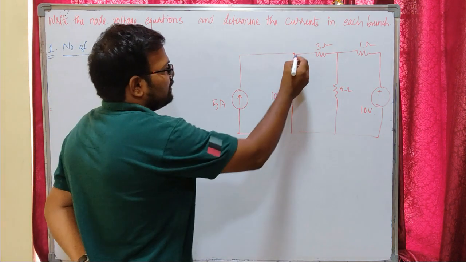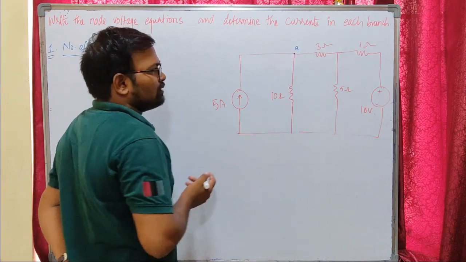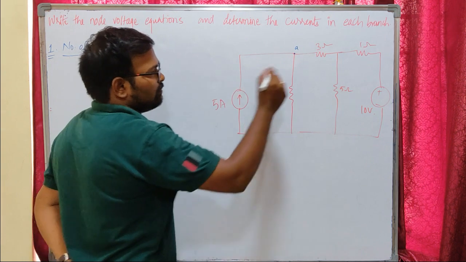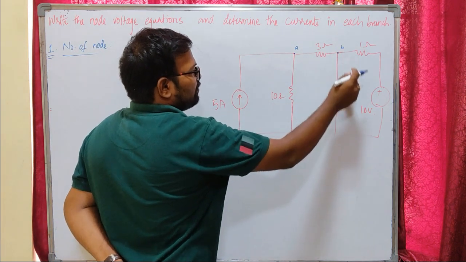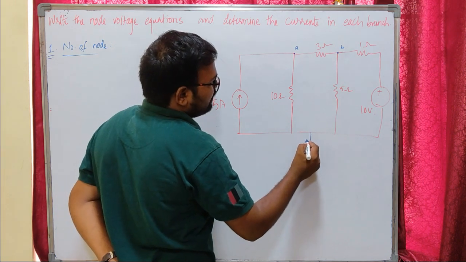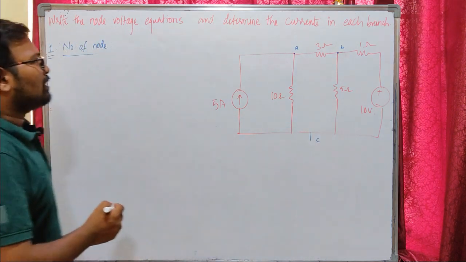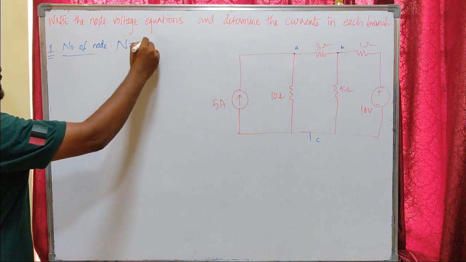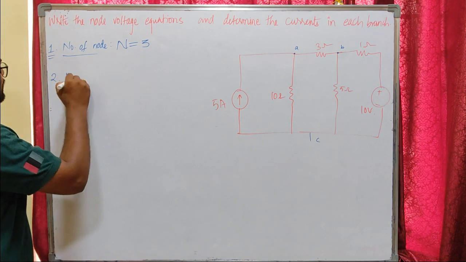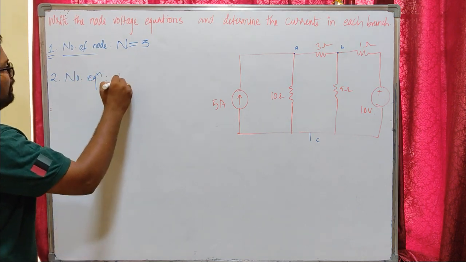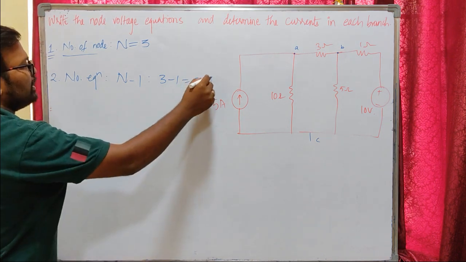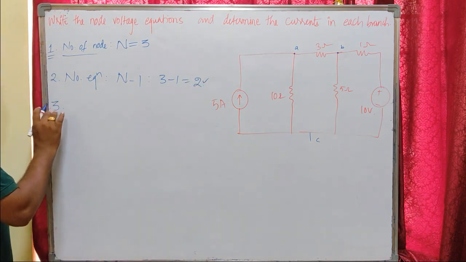Here this is a principal node, so I am going to consider it as node A because three elements are connected to it. Similarly, this is our second node, B, because more than 2 elements are connected, and this is our third node, C. So the number of principal nodes in the given circuit is 3. The number of KCL equations will be n minus 1, that is 3 minus 1, which equals 2. So we are going to get 2 equations and 2 node voltages.